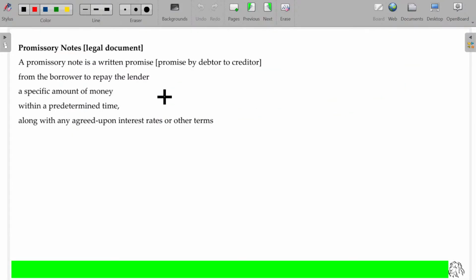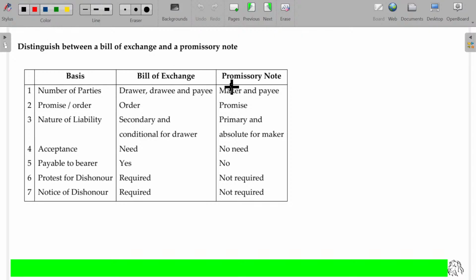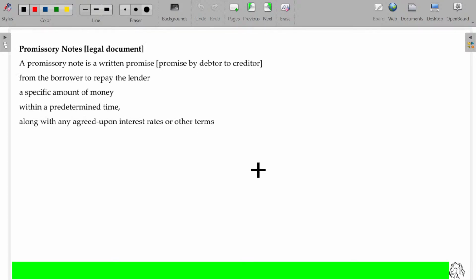Now, the main difference between promissory note and bill of exchange. You can expect these things in theory, at least a 1 or 2 marks question. A promissory note is also a legal document, and it's a written promise by the debtor to the creditor.